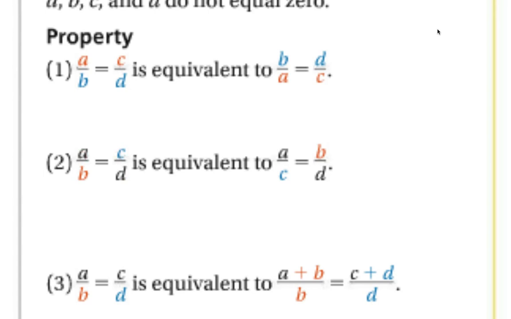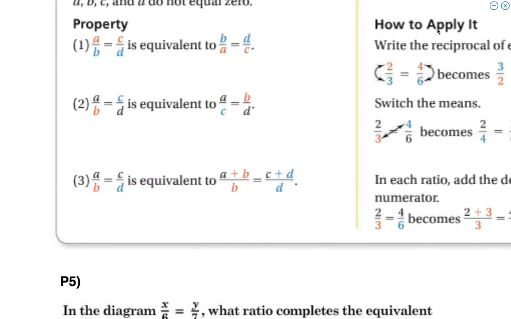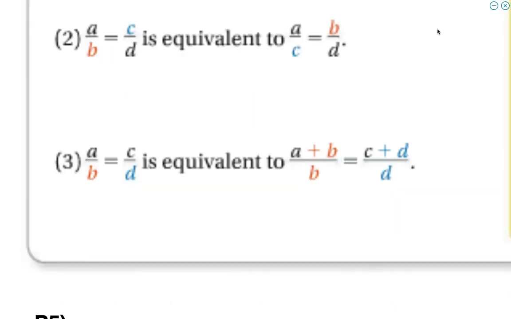A over C, B over D. And then this third way here is if I add these two together, so A plus B all over B equals C plus D all over D.